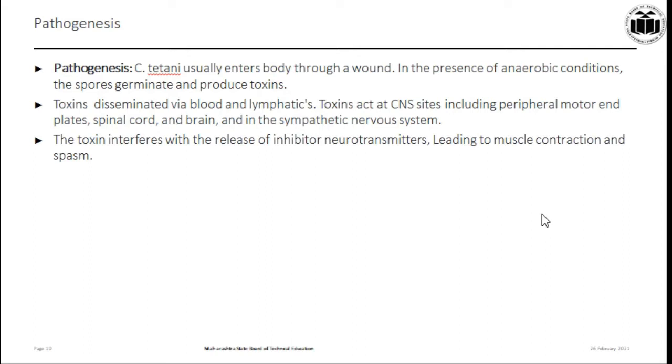It affects the peripheral motor nerves of the body, spinal cord, brain, and sympathetic nervous system. The whole thing gets affected by this toxin.